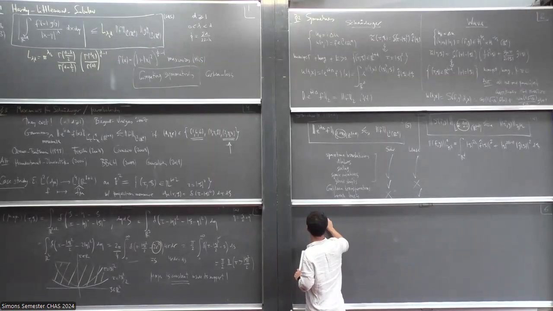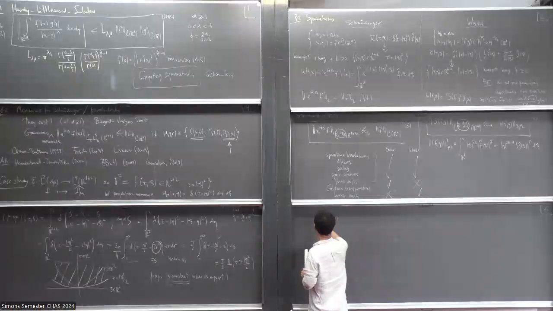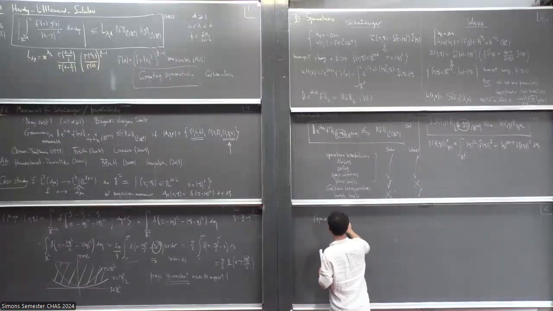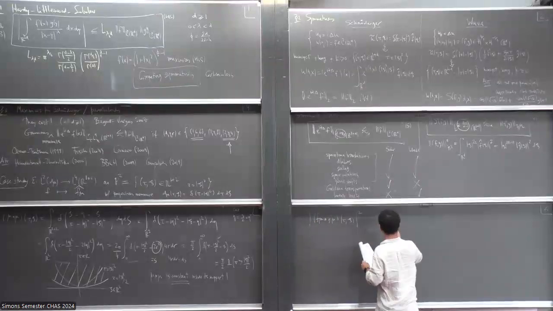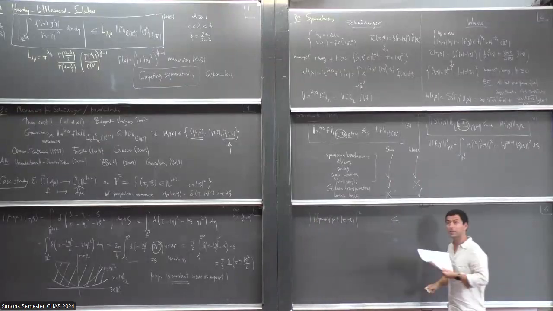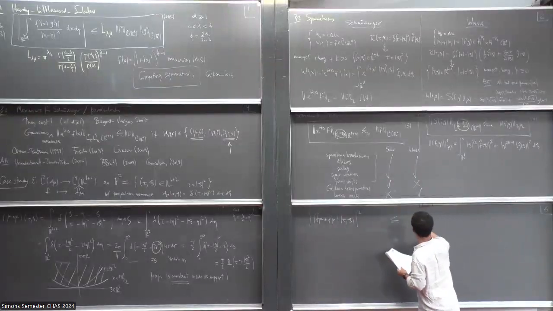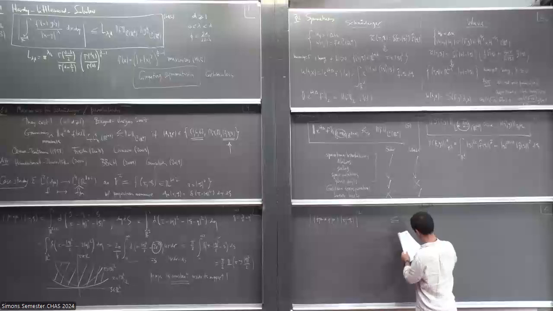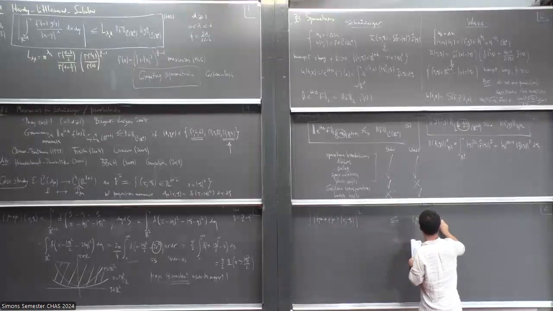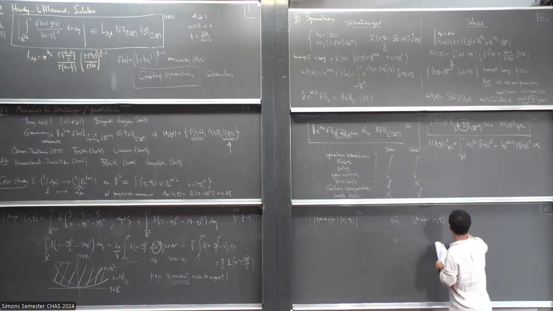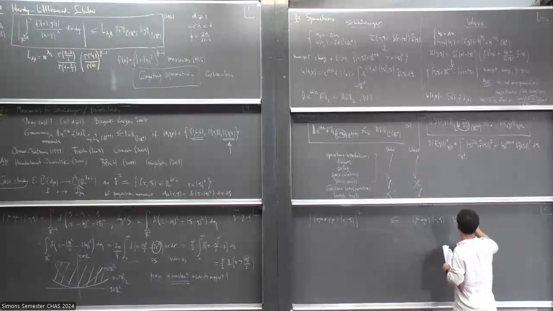Now we have to say something about f mu convolving f mu. So what happens at a point (tau, xi)? Well, for lack of any better idea, we can use Cauchy-Schwarz. And Cauchy-Schwarz tells us that this is at most mu convolving mu times f squared mu convolving f squared mu.